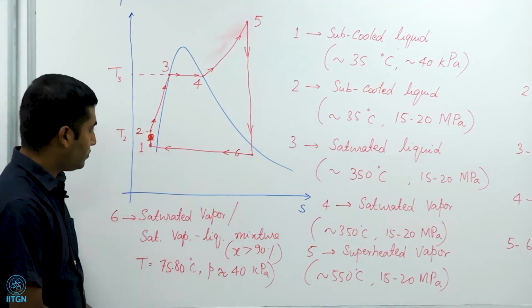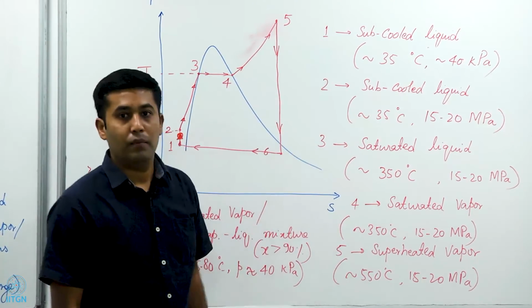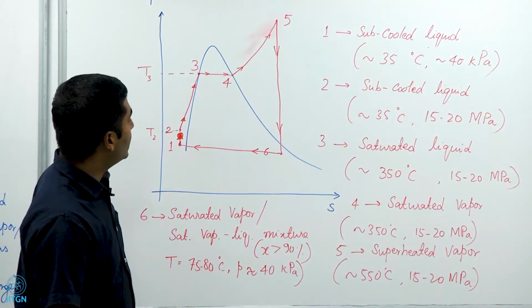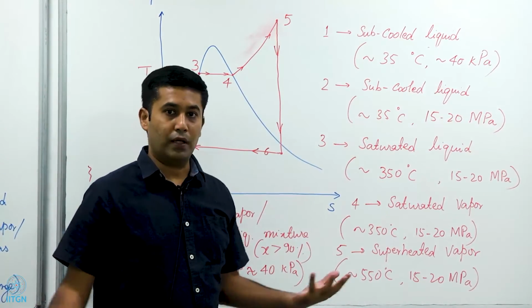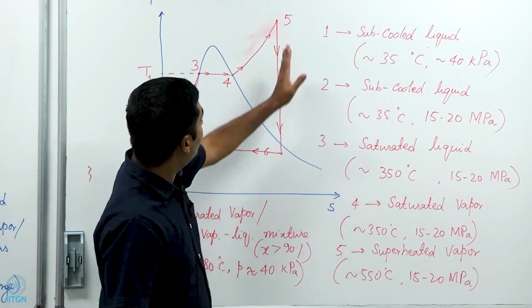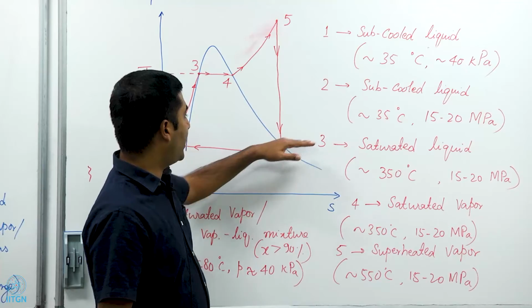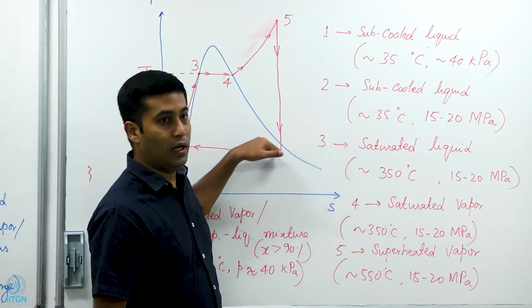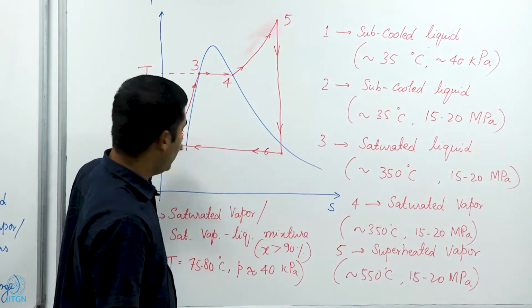And if this is an isentropic turbine, this line would be perfectly vertical. But in real turbines, as we have seen with isentropic efficiencies of 85 or 90 or 75%, we could expect that this would curve to the right, and end up at an isobar which is passing through 6, and then we cool down to 1.